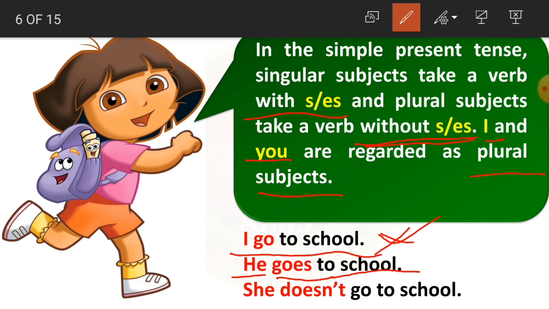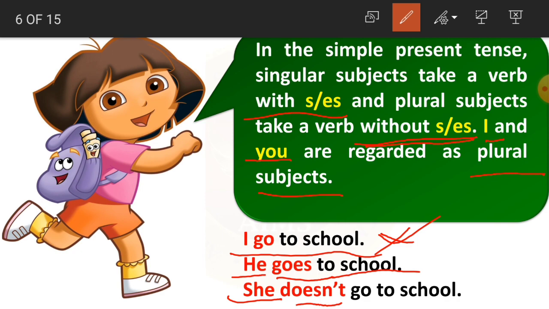Here also same. She does not go to school. She again singular. In does not, for do, we are adding es. Why? Because the subject is singular, we have to add es or s to the verb.